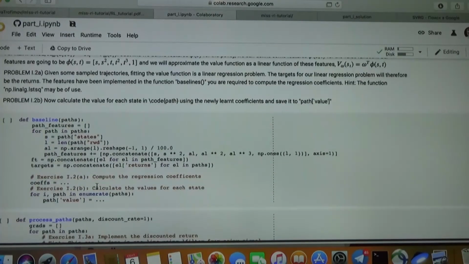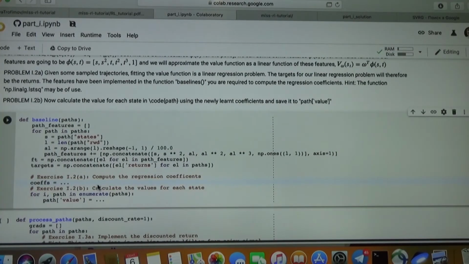Okay, so we need some regression for the value function, and in this task we have a set of features which are functions of states, because the value function depends on the state, right? So the problem here is to implement this regression and to use it. Okay, so please do it.